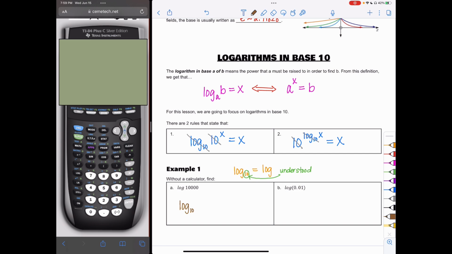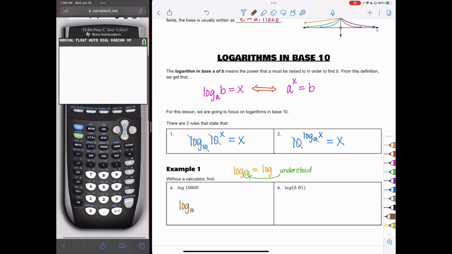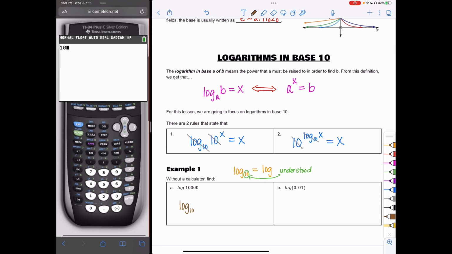So 10,000 is the same thing as 10 to the power of 4. I can rewrite this as log base 10 of 10 to the power of 4. And from here, I know that the log base 10 and the 10, the base of my exponential part, are going to cancel out, and I'm going to get 4.